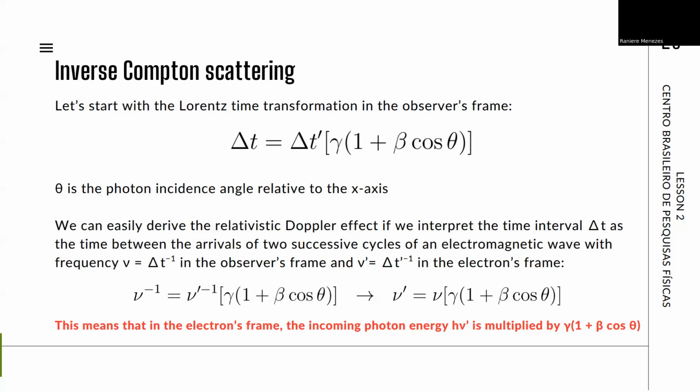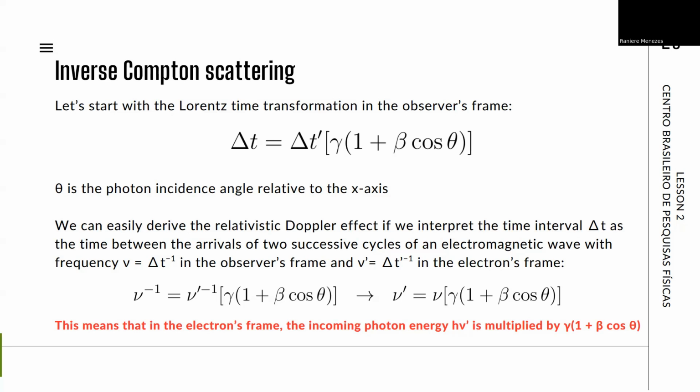In the observer's rest frame, and nu prime equal to 1 over the time interval prime in the electron's frame, okay? So we can substitute this by the frequencies. This is 1 over frequency, so we have this. We can just invert here, change sides, and then this is the final formula.